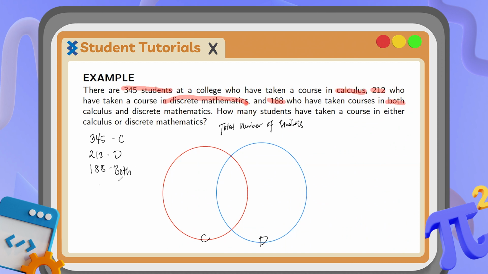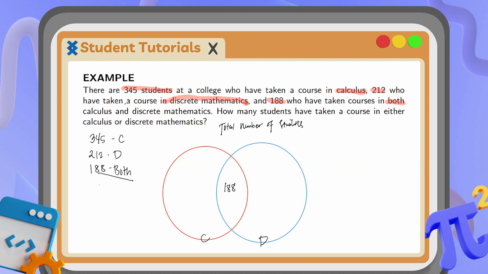What do I mean by that? We first focus on this one: the 188 students that took both calculus and discrete math. From there, we can derive how many have taken calculus but not discrete math, and vice versa.